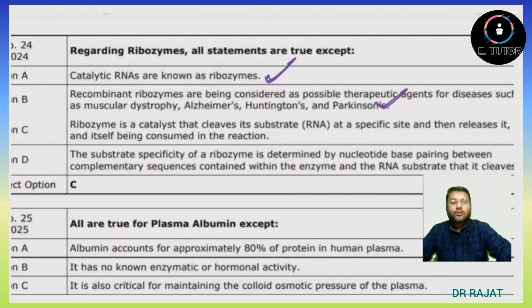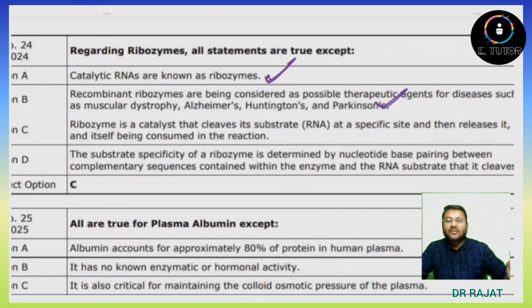So this is not true. Ribozyme does not get consumed in the reaction. It just acts as a catalyst. The substrate specificity of ribozyme is determined by the nucleotide base pairing between the complementary sequence contained within the enzyme and the RNA substrate that it cleaves. So this is again a correct option. So answer here will be option number C, which is the wrong option.